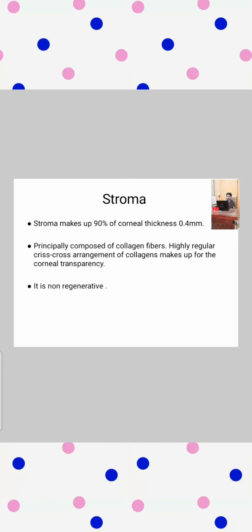Like Bowman membrane, stroma is also non-regenerative, and it gives the cornea its transparency because of the collagen fibers. The fourth layer is Descemet membrane. Descemet membrane is composed of a fine lattice work of collagen fibers. It is the basement membrane of the endothelial cells. Thickness is 0.012 mm or 12 micrometers.